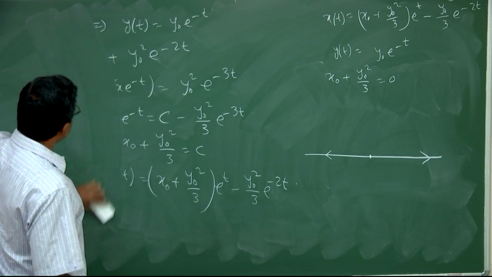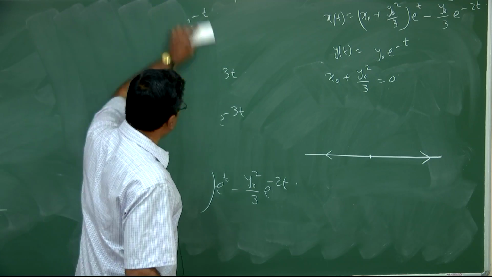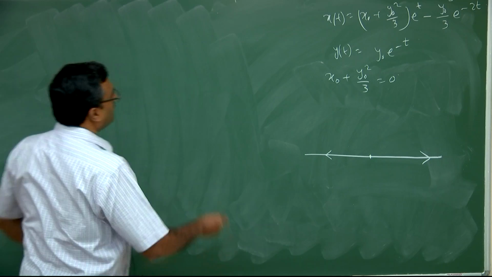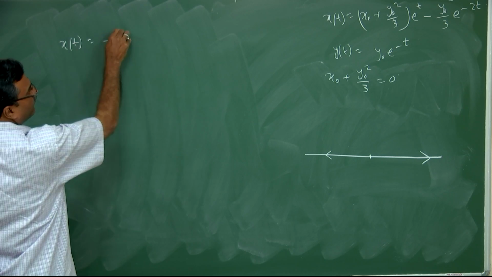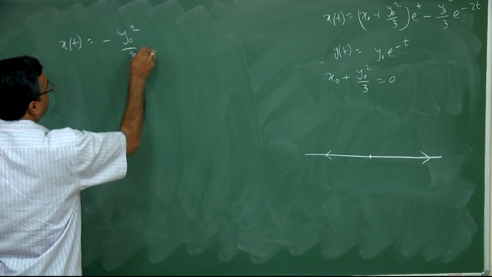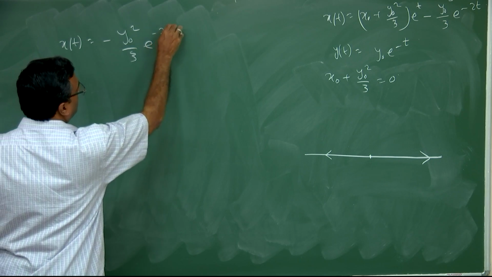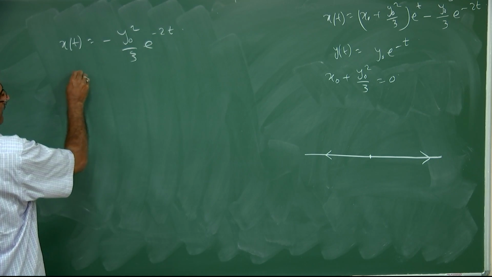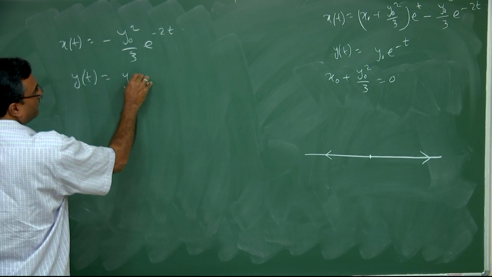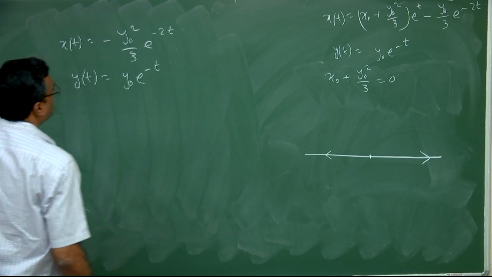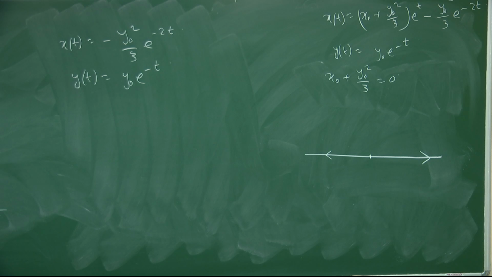If you consider this one, then the structure of your solution comes out to be x(t) equal to minus y0 square by 3 e to the power minus 2t, and y(t) equal to y0 e to the power minus t, correct?